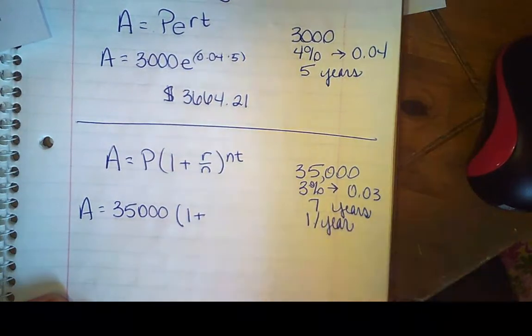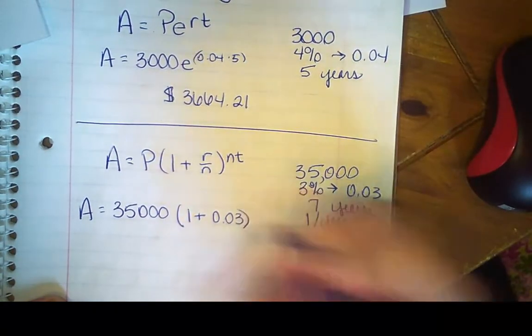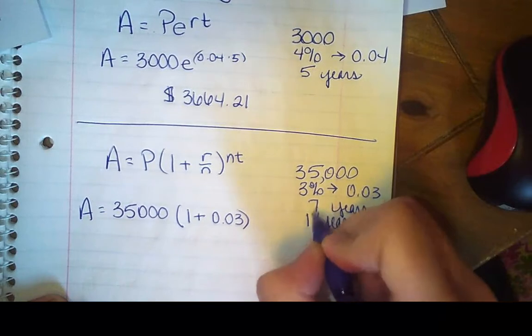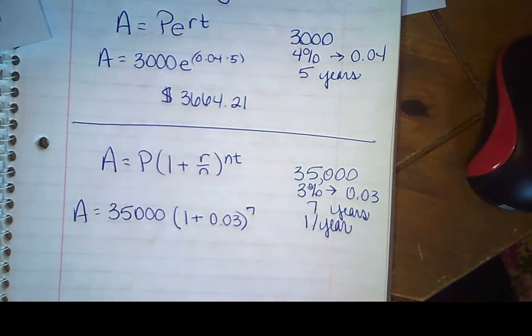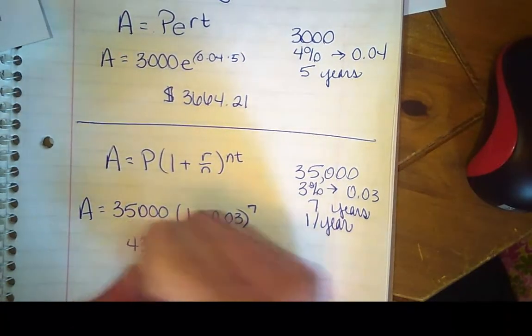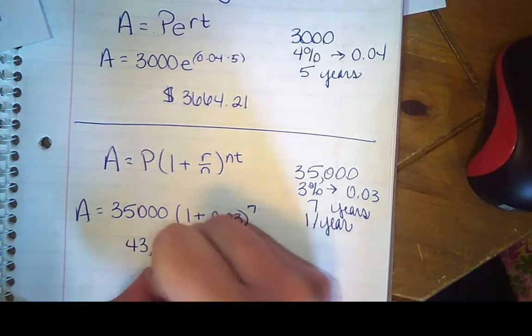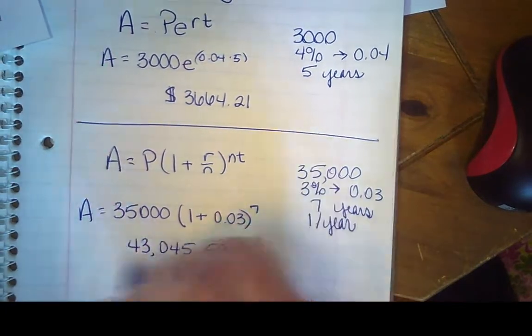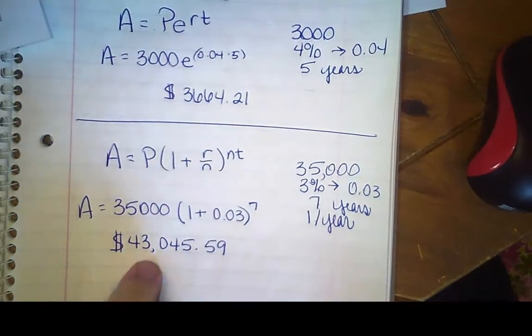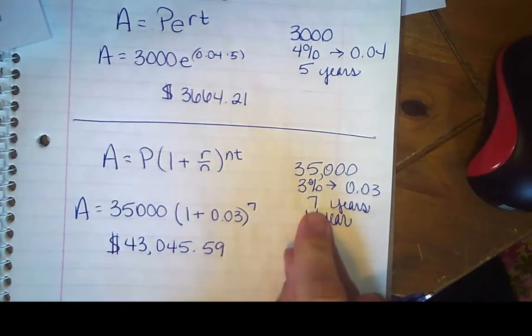So it's just your rate, which is 0.03, raised to the 7th times 1, which is just 7. So 35,000 times 1 plus 0.03 raised to the 7th power gives me $43,045.59. Okay, so that's how much is in my account at the end of 7 years.